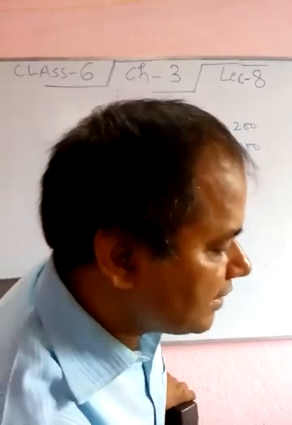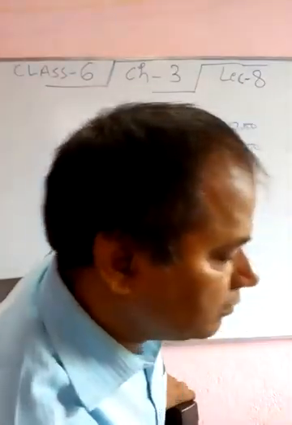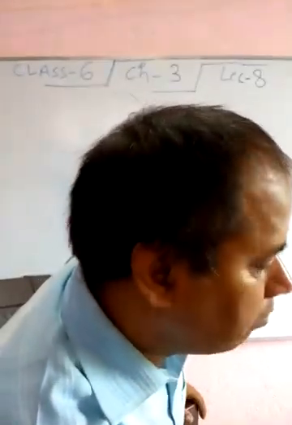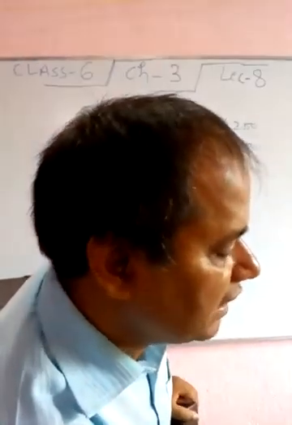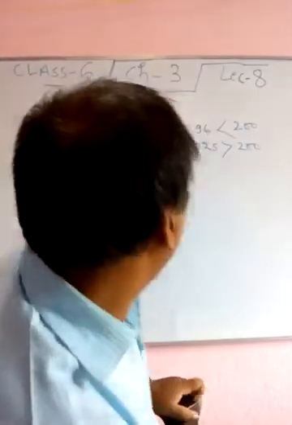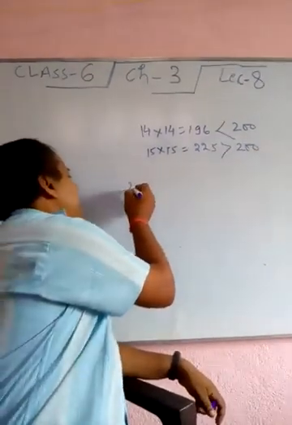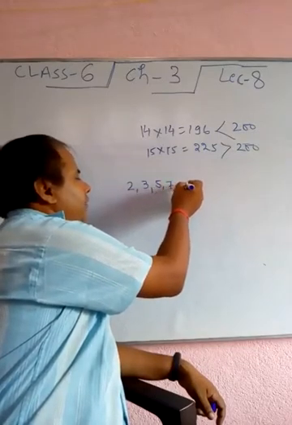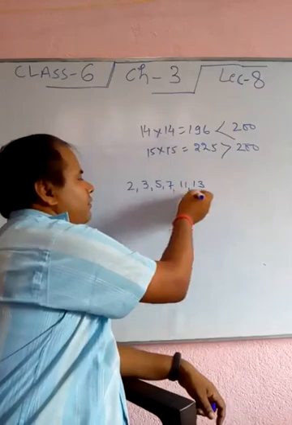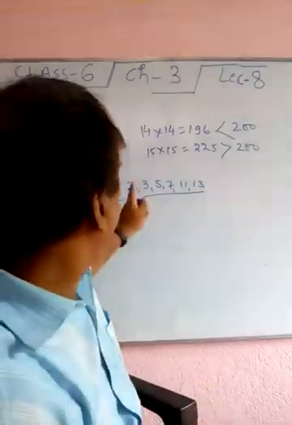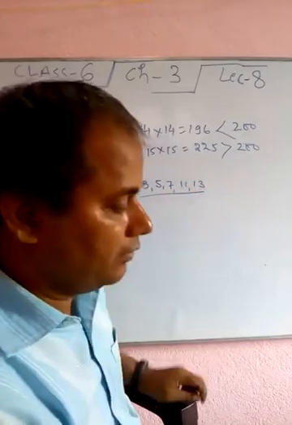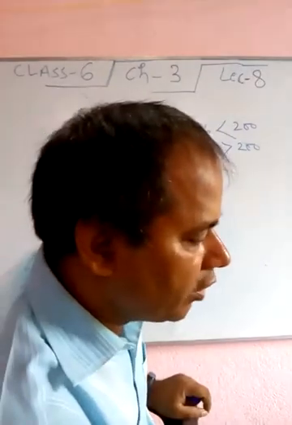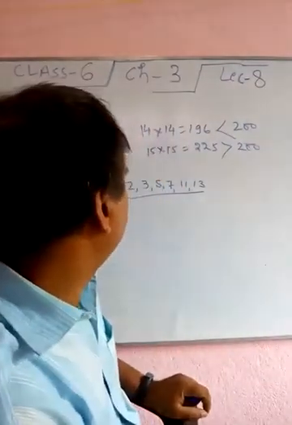How many prime numbers are there less than 15? 2, 3, 5, 7, 11 and 13. If the given number is divisible, then it is not prime, otherwise it is a prime number.